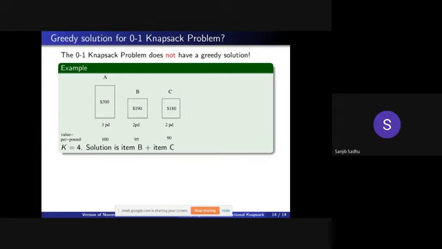But if you take the first one, it will be 3, so only 1 pound will be left, and in that you cannot take B or C because fractions are not allowed. So in that case, you will get a profit of 300. So the 0/1 knapsack problem does not give the optimal solution using the greedy method that you apply in the fractional knapsack problem.